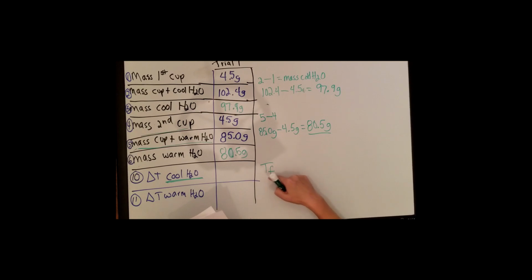So we're going to take that final temperature and subtract the initial temperature of the cold. So final temperature I just said was 50. The initial temperature of the cold was 23. And we get 27 degrees Celsius.